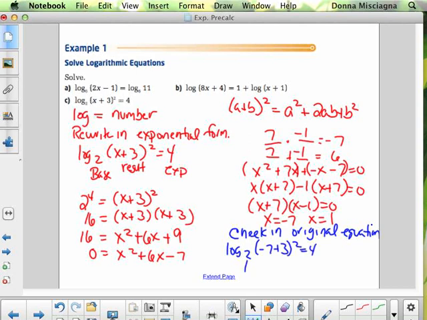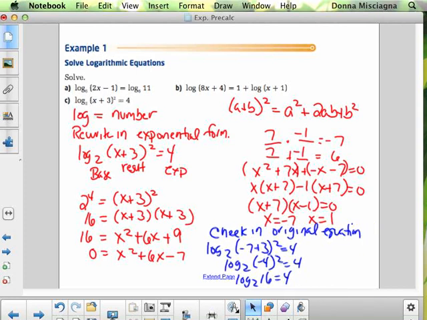So that would be log base 2 of (negative 4) squared equals 4. And of course, when you square that it becomes positive. Log base 2 of 16 equals 4. Well, that is a true statement, right? 2 to the 4th power is 16.